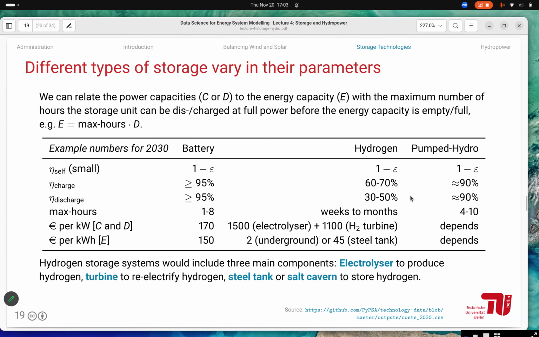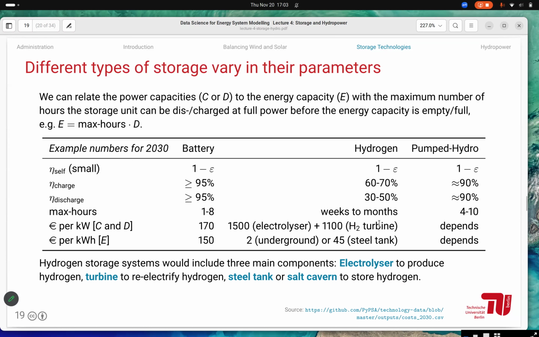Then we also have, for example, hydrogen storage, just one example of a chemical storage, where we have relatively high losses from the conversion, both for charging and discharging, and high cost per kilowatt of charging and discharging. Electrolyzers have become very, very expensive.